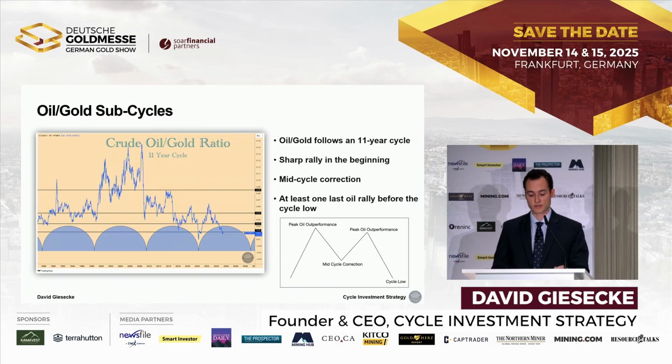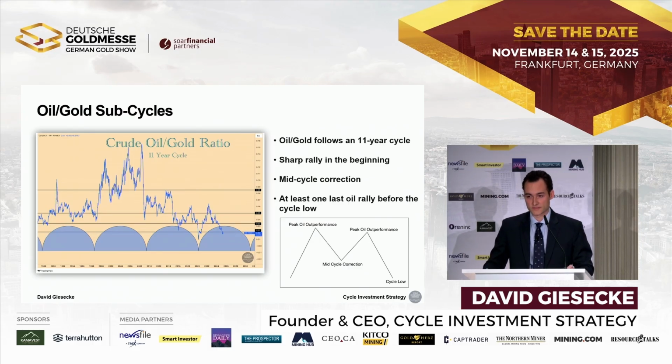As you can see here, it follows this pattern on the right, where we first see an outperformance of oil and the general commodity space before we see a mid-cycle correction and at least one other outperformance phase for oil and other commodities before we are heading back into a cycle low. And this is a pattern that has occurred all the time since 1980.